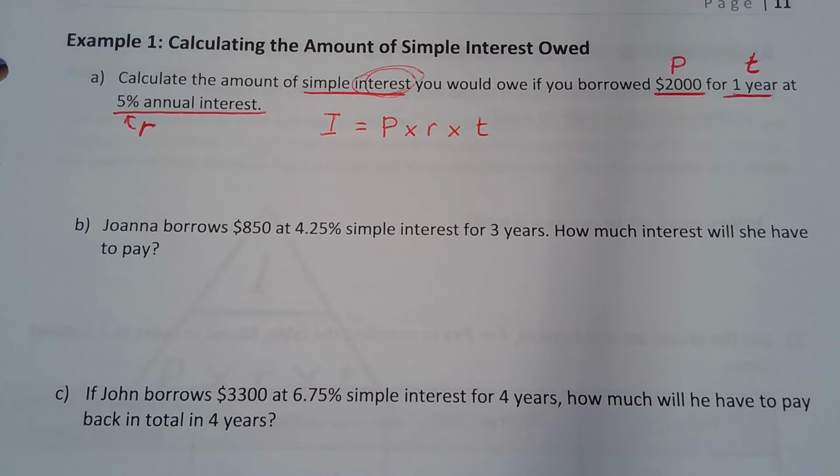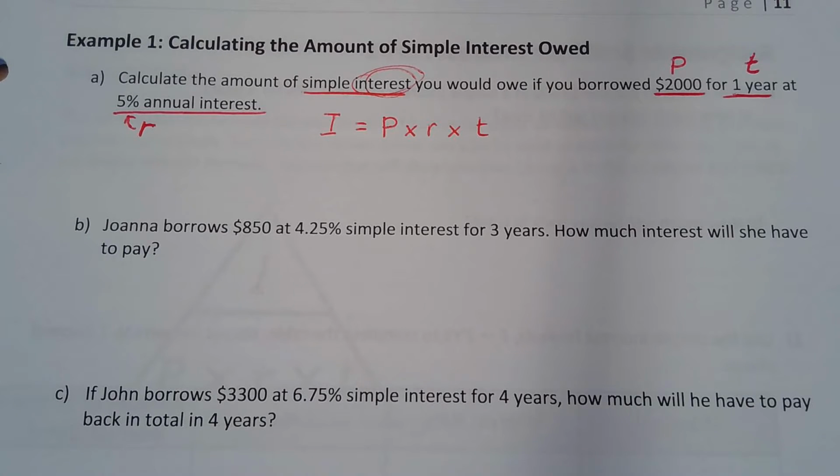I equals P times R times T. So start off with a formula. Our formula is our recipe, our guide to figure this out.